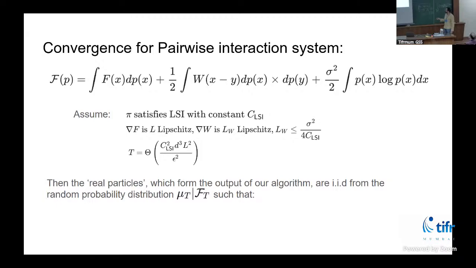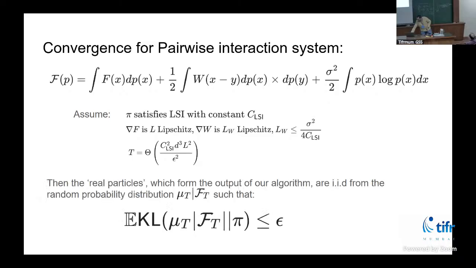Now if I run the algorithm for this much time, then the real particles which form the output of our algorithm are IID from the random probability distribution mu_t given F_t, where script F_t is the sigma algebra of the first t virtual particles. You don't have to show IIDness, you already have it, such that KL from mu_t given F_t to pi is less than or equal to epsilon. So this is my algorithmic guarantee.